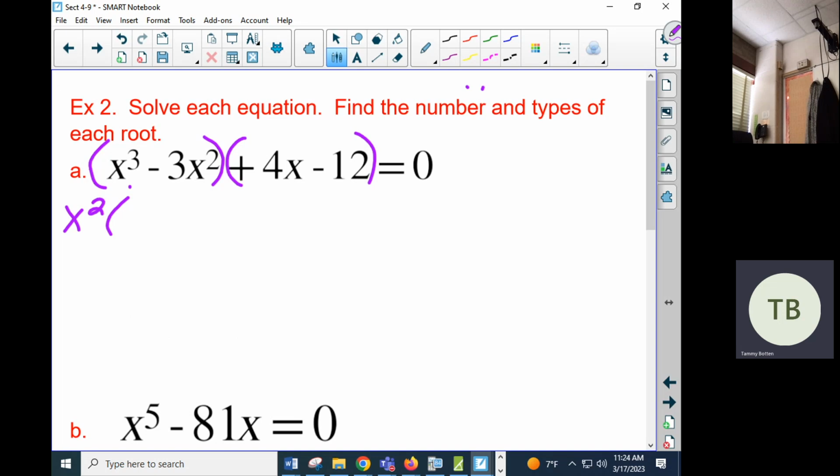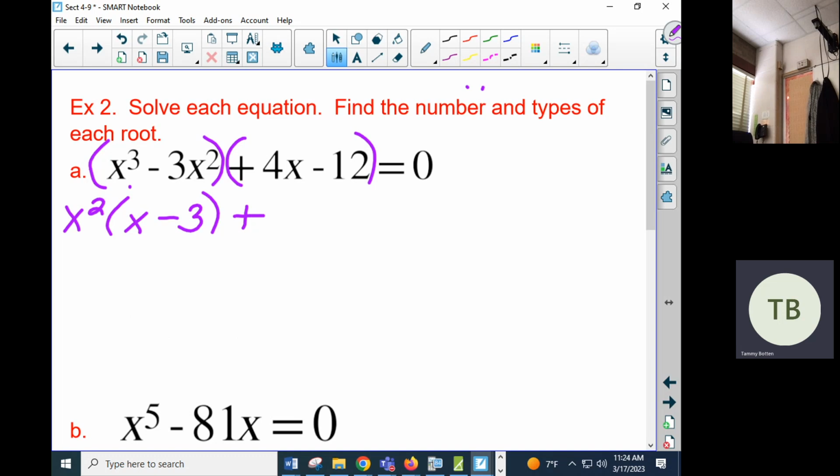If I need 3 x's and I have 2 here, that means I need 1 more. Okay. Then it's minus because of that sign. And I think, what would I have to multiply x squared by to get minus 3x squared? I already have the x squared. So do you get it would just be the 3? Everybody understand that?